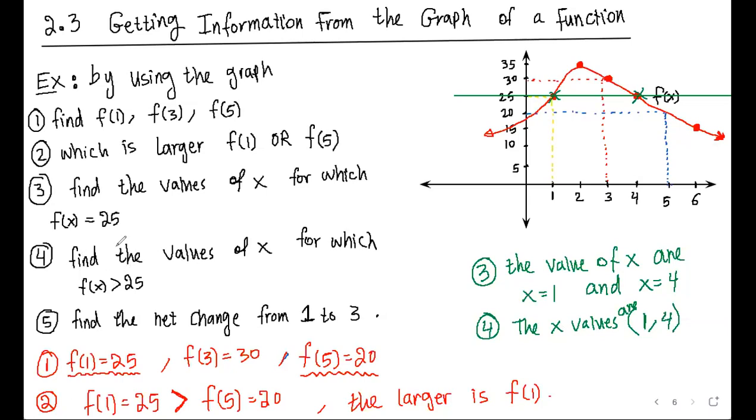Again, you draw a horizontal line. Then after you draw a horizontal line, you check which values of x give me a y value above this horizontal line. As we see here in this graph, number 2 gives me a value above the horizontal line. 3, the same thing. 4 gives me the value on the horizontal line, but we don't need it because here they ask for any value greater than 25 without the equal.